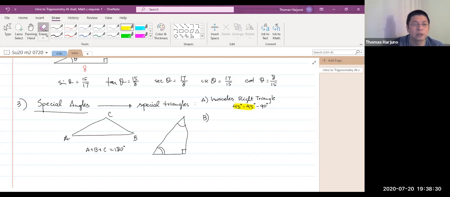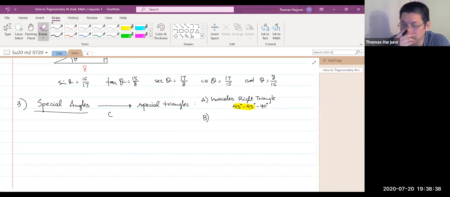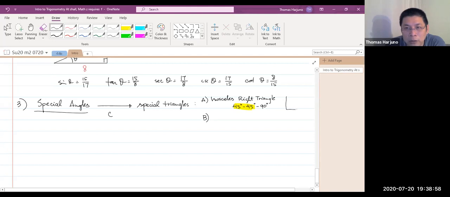Now, the first special right triangle refers to the isosceles right triangle, the 45, 45, 90 degree triangle. Isosceles means that it has two congruent legs. Right triangle means one of the angles is a right angle. The only way that can happen is when you have a 45 degree right triangle. Now, a 45 degree right triangle implies that two of the sides are congruent.